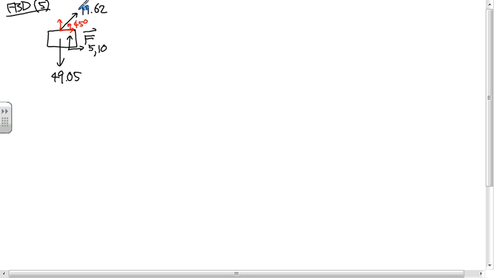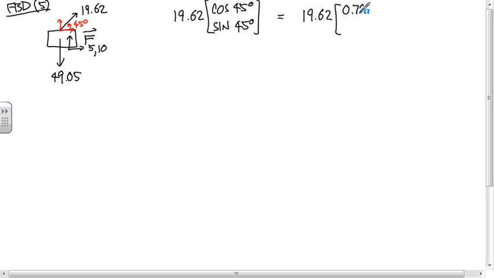So this vector is 19.62 times cosine of 45, sine of 45. Can someone multiply that out? So that's 19.62 times, these are both 0.7071.